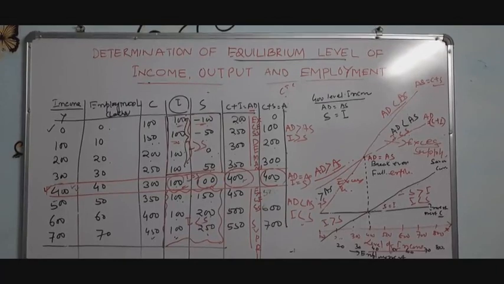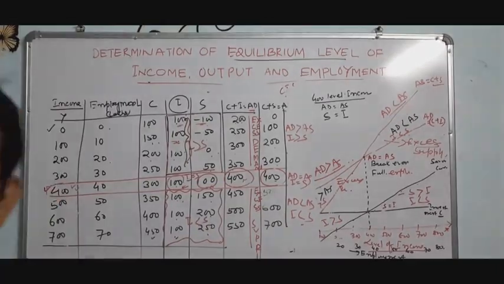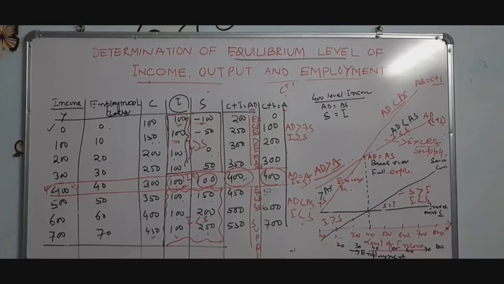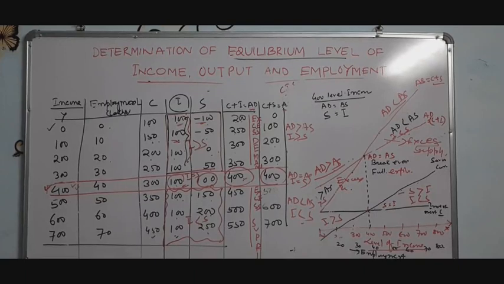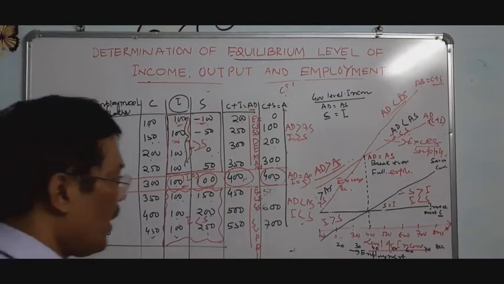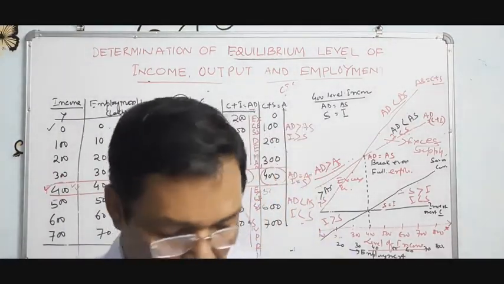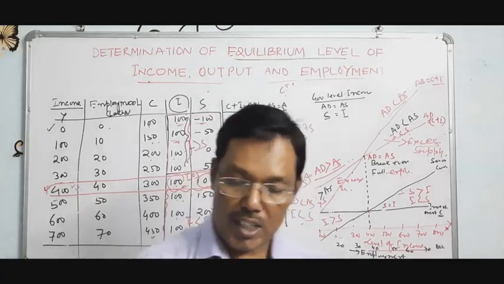That is also called excess supply. We'll go in detail what we mean by excess demand, what we mean by excess supply in the next periods, and what is the effect when aggregate demand is more than aggregate supply and when aggregate supply is more than aggregate demand. That we will also discuss in the next period.